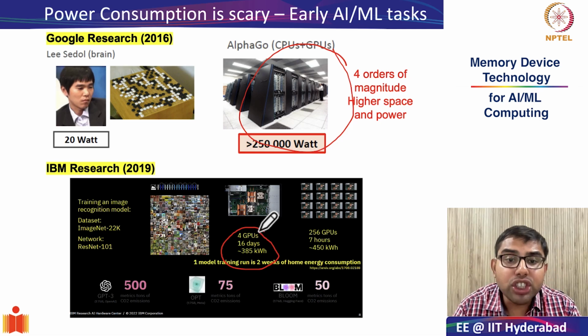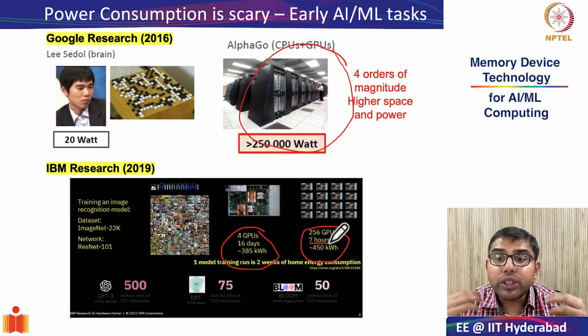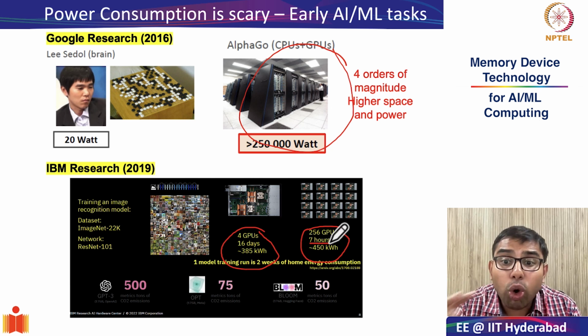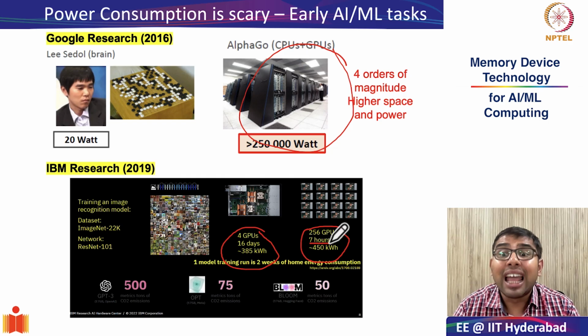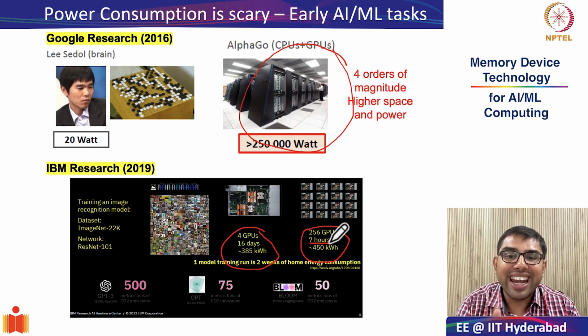If you scale this to 256 GPUs, of course, you can reduce the time to 7 hours, but the amount of energy it takes jumps to 450 kilowatts. That's equivalent to almost 3 months of household electricity consumption for an Indian household. And that is only for one training run.